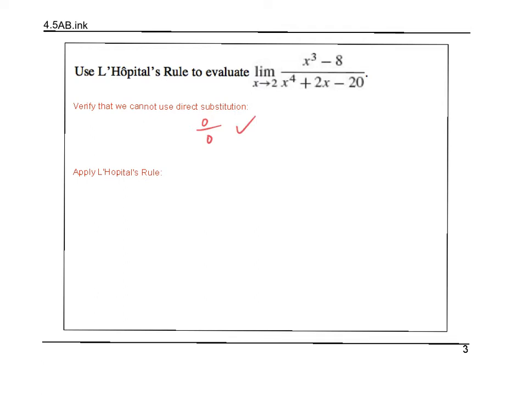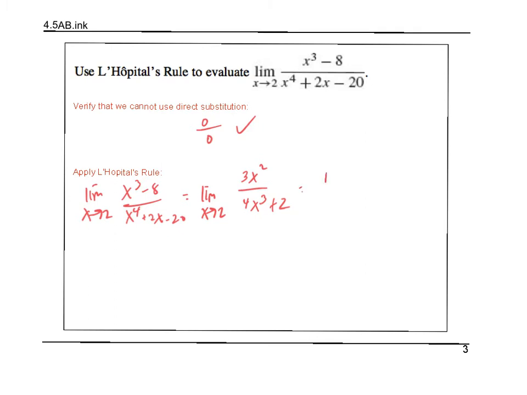So applying L'Hopital's rule is saying that the limit as x approaches 2 of x cubed minus 8 over x to the 4th plus 2x minus 20 is equivalent to the limit as x approaches 2 of 3x squared over 4x cubed plus 2. So at this stage, I would want to try to evaluate the limit again through direct substitution.